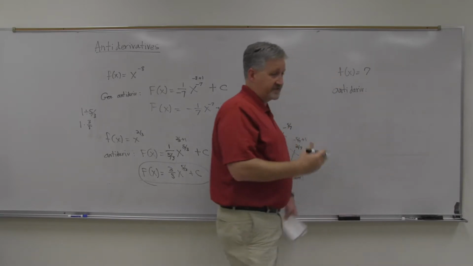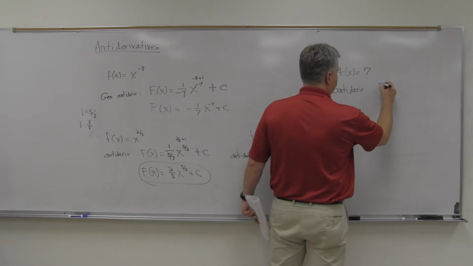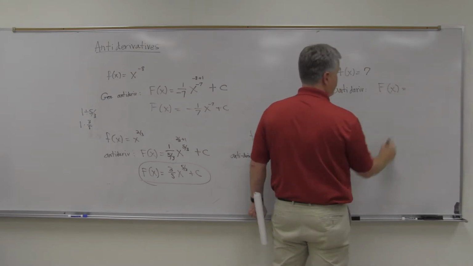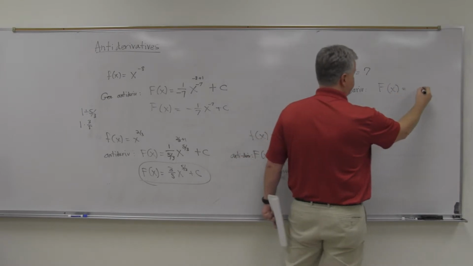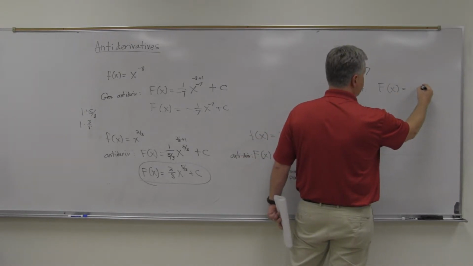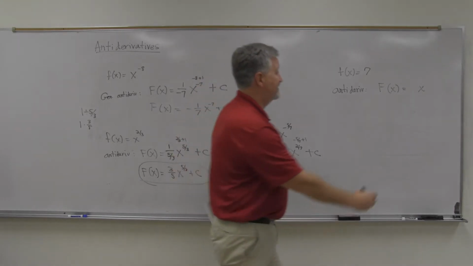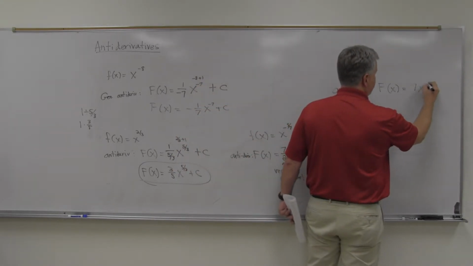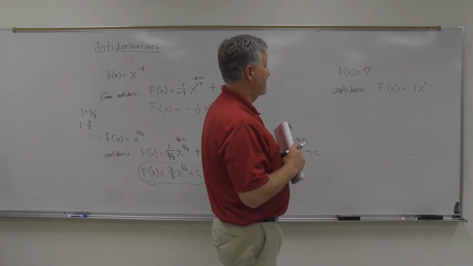Well, the derivative is 0, but the antiderivative is something different, isn't it? Big F of x, antiderivative, what will we do there? Well, I don't have x to a power there. So what is the power of x going to be here?